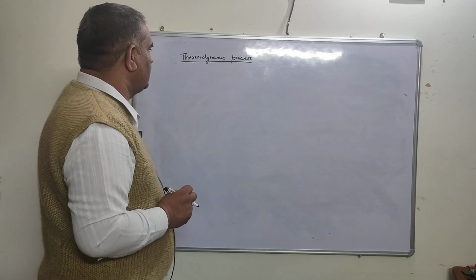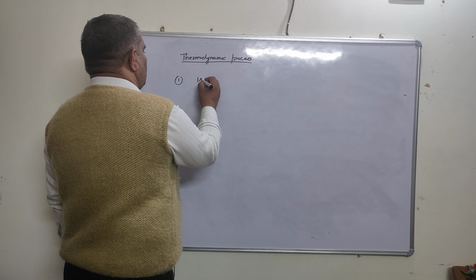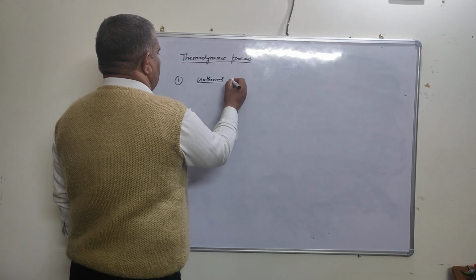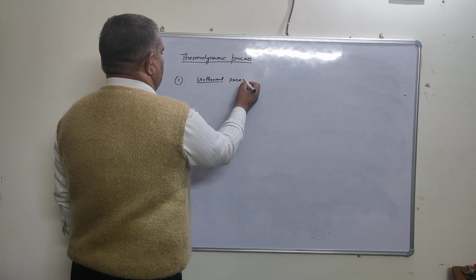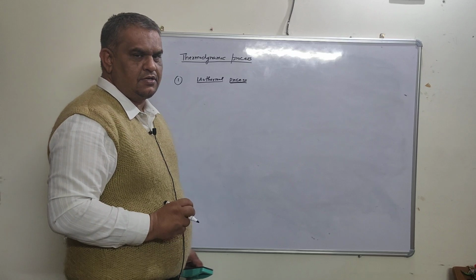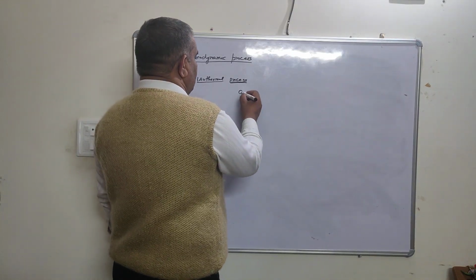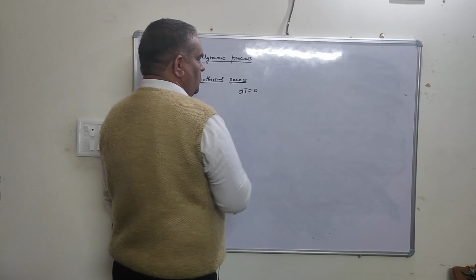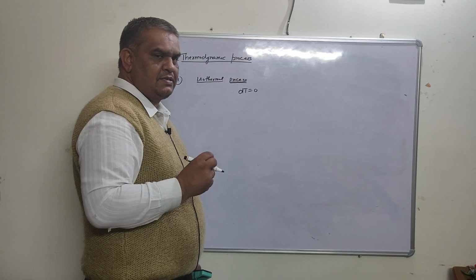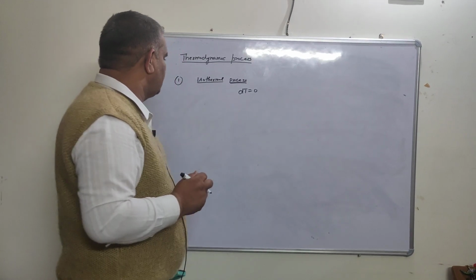Some important thermodynamic processes: the first is the isothermal process, a process in which the temperature of the system remains constant, that is dT = 0, and heat is exchanged between the system and surroundings, so it is not thermally insulated.